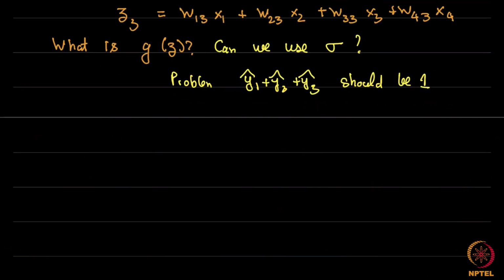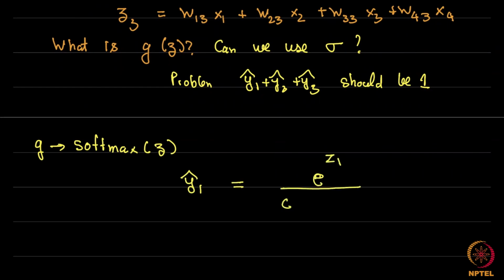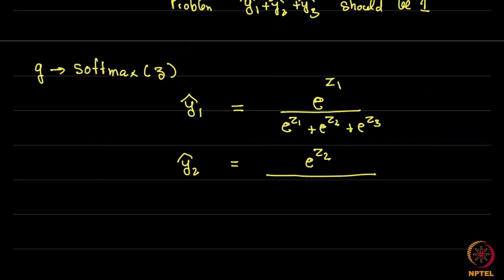So we create a new function called Softmax. So Softmax works like this. Suppose I want y hat 1. I will say it is e power z1 divided by e power z1 plus e power z2 plus e power z3. Y hat 2 is e power z2 by the same thing. I'll call this denominator.